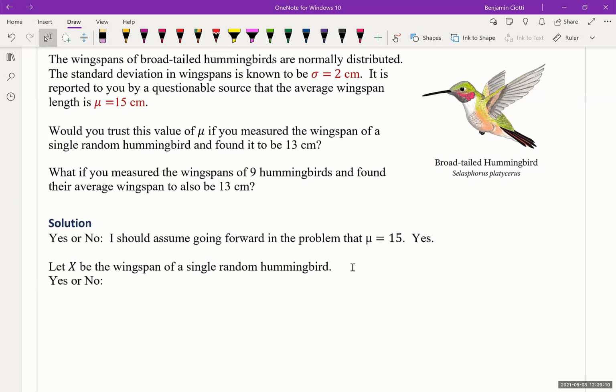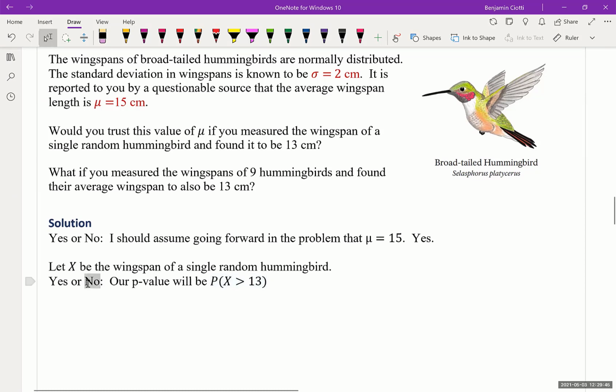Yes or no? Our p-value for this experiment will be the probability that x is greater than 13. Yes or no? Okay, good.